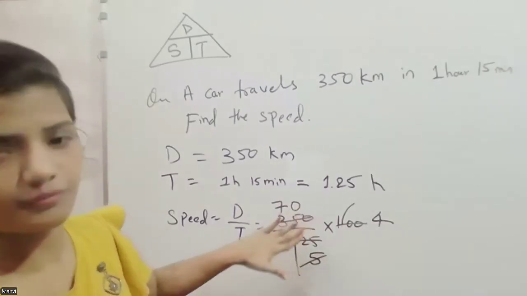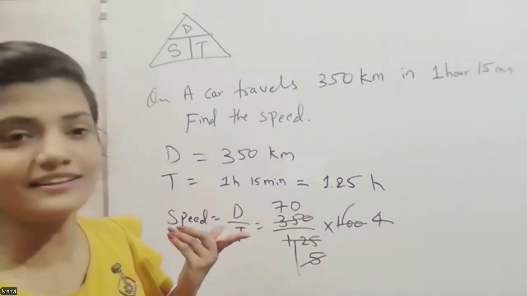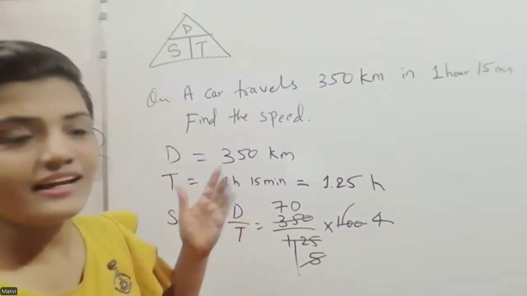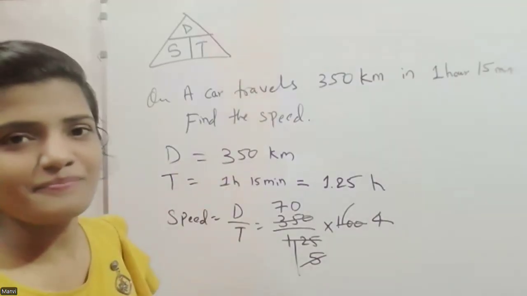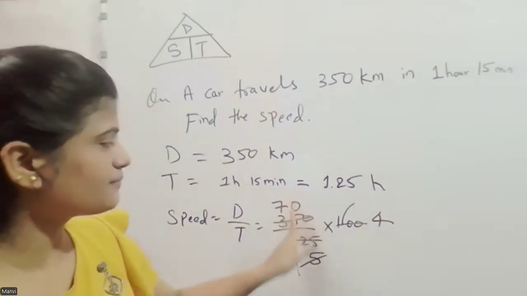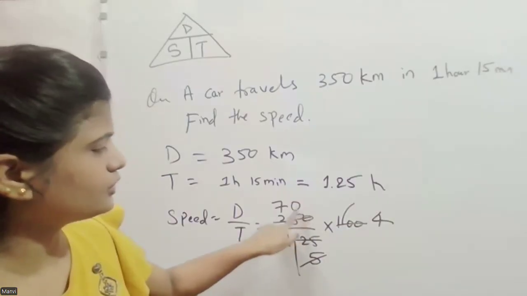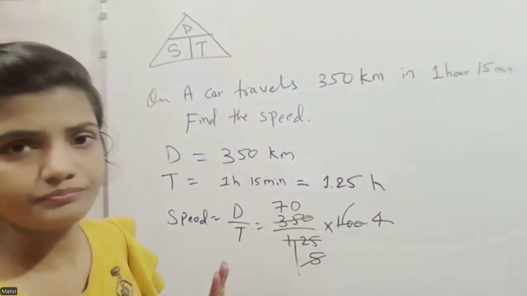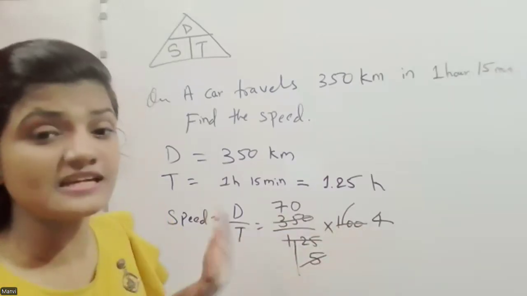Okay, if this is 350, we know the 5 times table, right? In the 5 times table, 350 comes in 70, but we don't know the 70 times table, right? But we know that 5 times 7 is 35, so we can simply divide this and we have 10. We just need to put that 0 there. Okay? Now 7 times 4. Don't multiply 70 with 4.